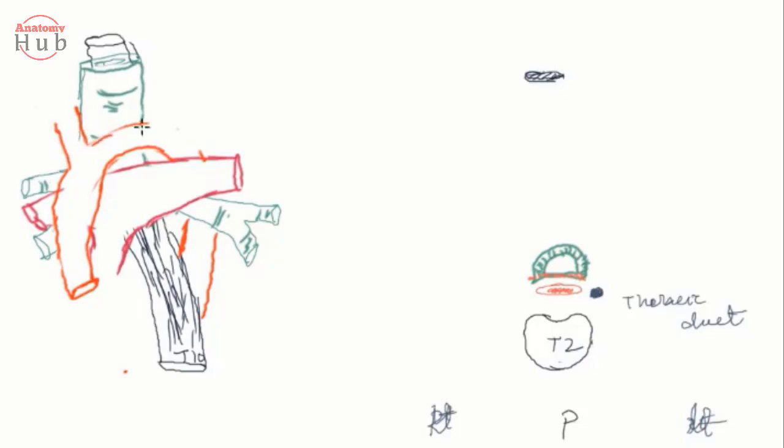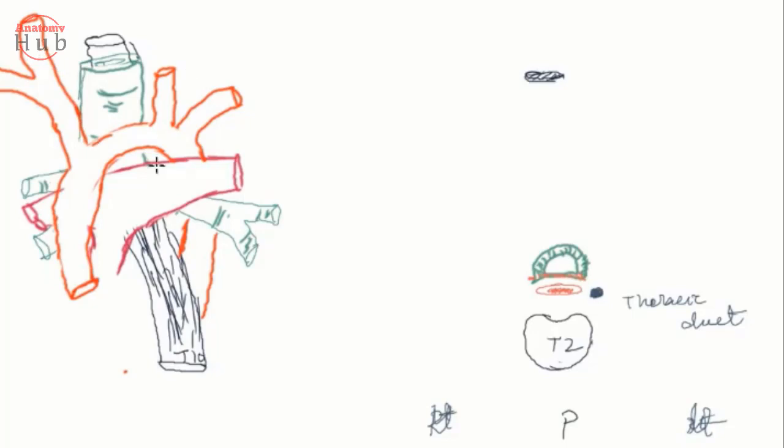Then here you'll find the left common carotid artery, and here the left subclavian artery. This brachiocephalic artery again divides into the right subclavian artery and the right common carotid artery.